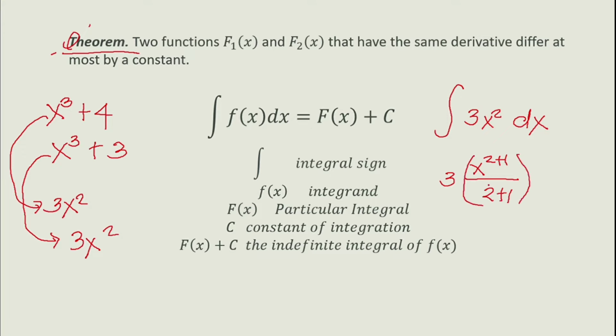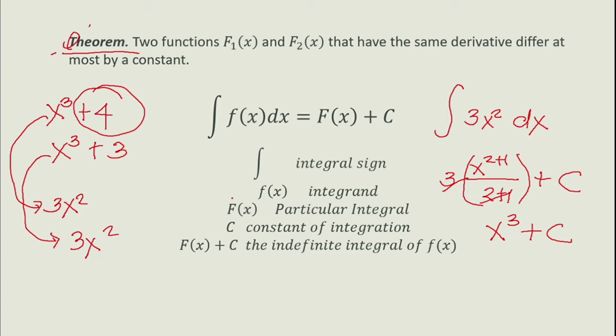Since this is just the inverse of the derivative, supposed to be we need to produce the 4. Since when we take the derivative of a constant, we could not get back the 4 here. That's why what will happen is we add plus c. So this will become 3, cancel this part. So this is x cubed plus c.